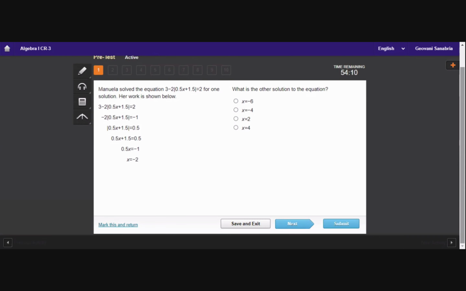So let's try plugging in that negative 4 and see what happens. Negative 2 and then plus the 1.5. Got negative 0.5. And then the absolute value of that is positive 0.5 times that 2 equals 1.